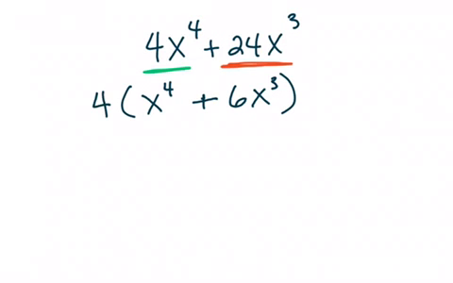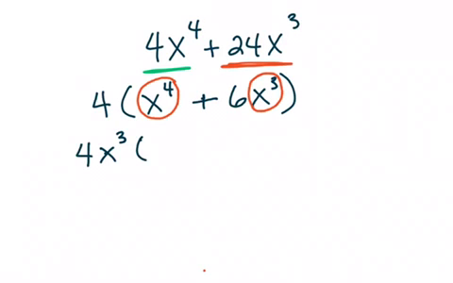Now, the next thing I want you to look at is this. I have an x to the 3rd power here, and I have an x to the 3rd power here, but I actually have an x to the 4th, but I can take an x to the 3rd out of that. So watch what happens. I already have the 4. Now watch what happens if I take an x to the 3rd out of this thing.